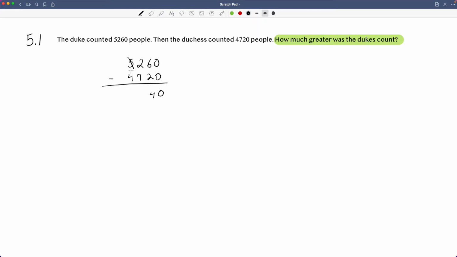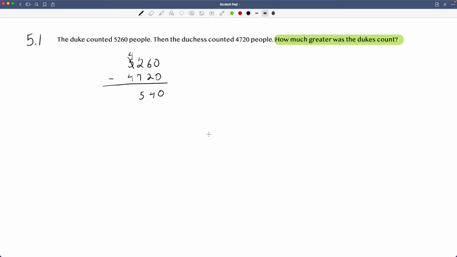We'll borrow 1 from 5 and make this a 4 and make this a 12. 12 minus 7 is 5 and 4 minus 4 is 0. So the difference, or how much greater the Duke's count was, was 540. There were 540 more people in the Duke's count than in the Duchess's count.